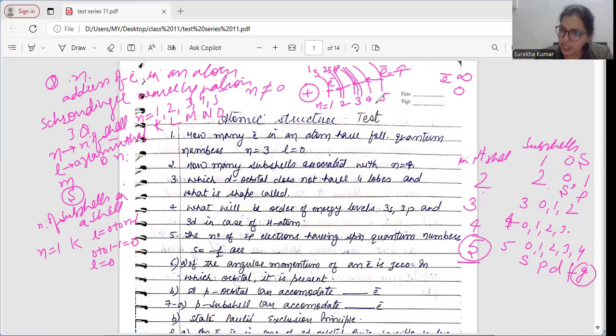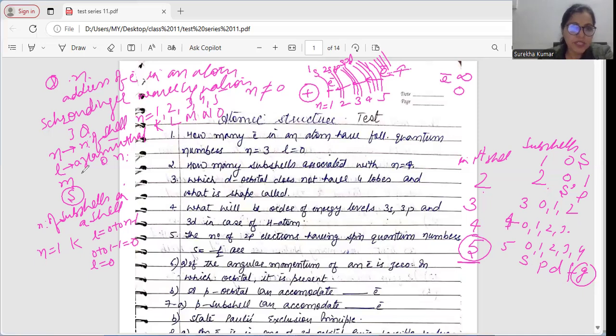Whatever the name of the shell is, so many subshells are present. So it is 3s, 3p, 3d. In 4, 4s, 4p, 4d, 4f. Like 5s, 5p, 5d, 5f, 5g. Right? So these are the subshells. S, P, D, F, G are the subshells. K, L, M, N are the shells.